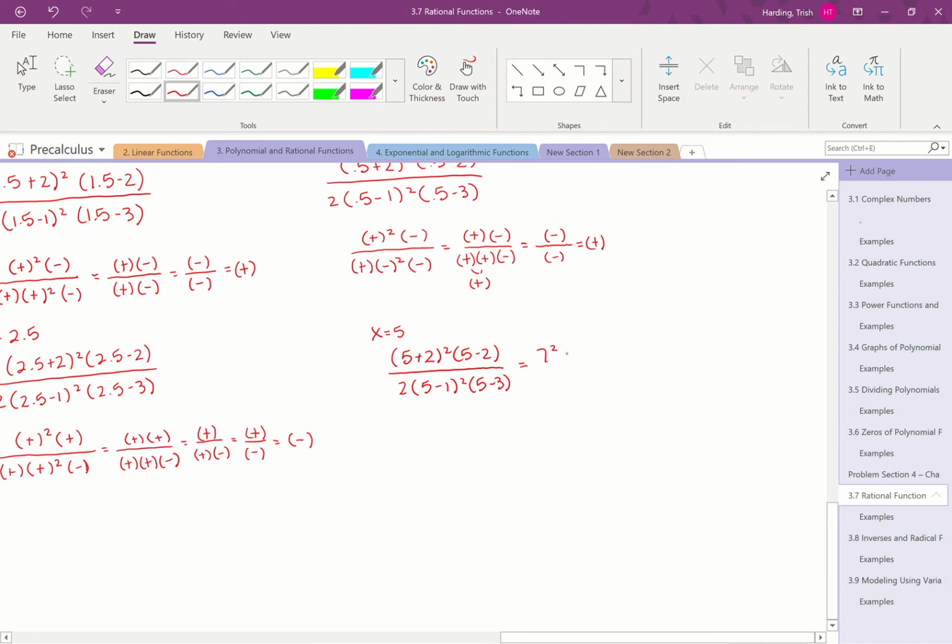It's going to be 7 squared times 3 divided by 2 times 4 squared times 2. And that's going to give us 7 times 7, that's 49 times 3 over 4 times 4 is 16 times 2 is 32 times 2 is 64.